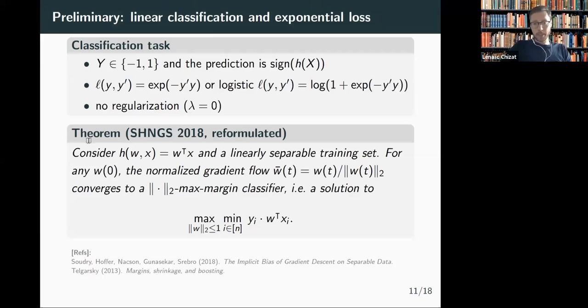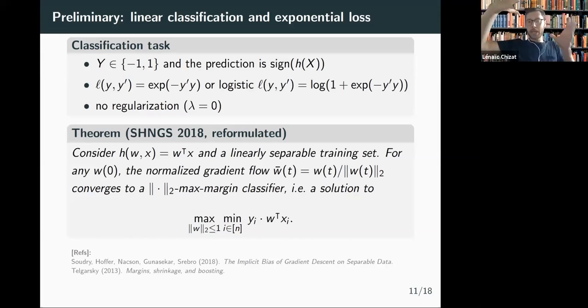So here I have recalled the result which is inspiration for our work, but which deals with linear predictors. It's a result by Soudry and co-authors. It says that if our predictor is W transpose X, so a linear predictor, and if I have a linearly separable training set, then whatever the initialization, the gradient flow will diverge to infinity because of the reason I've just told before.